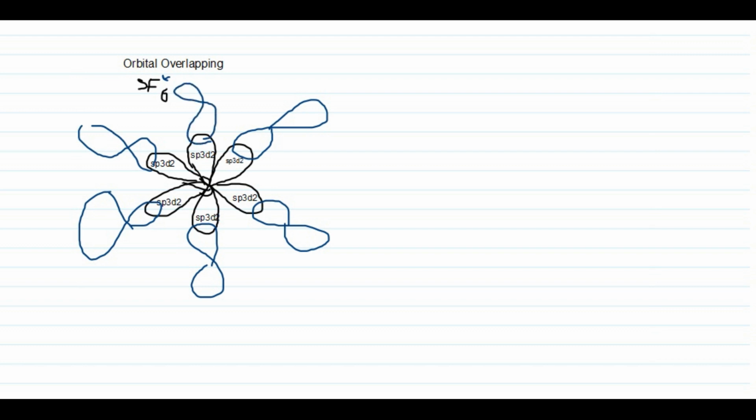We have to label them fluorine, fluorine, fluorine, fluorine, and fluorine. And we also have to label the lobe where it comes from, so we label that with 2p.